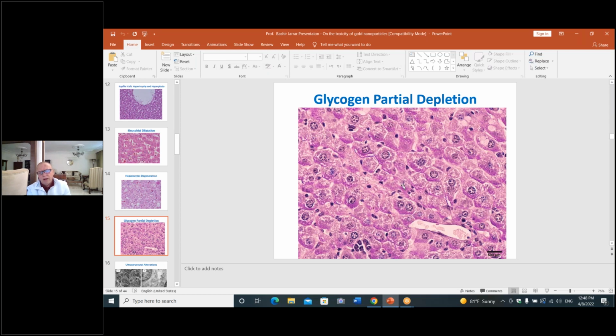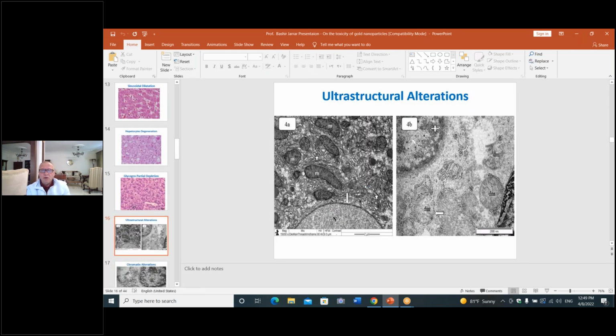Glycogen is our ATP storage. So here in this slide, we see that in some cells they lost their content of glycogen. So we have partial depletion of glycogen as a result of exposure to gold nanoparticles.